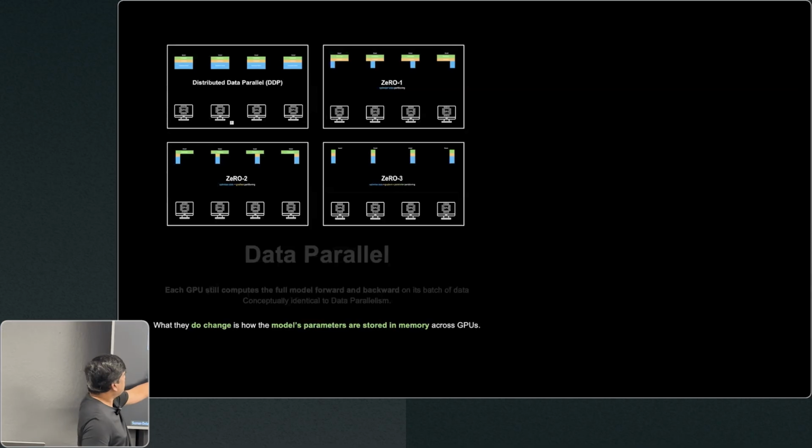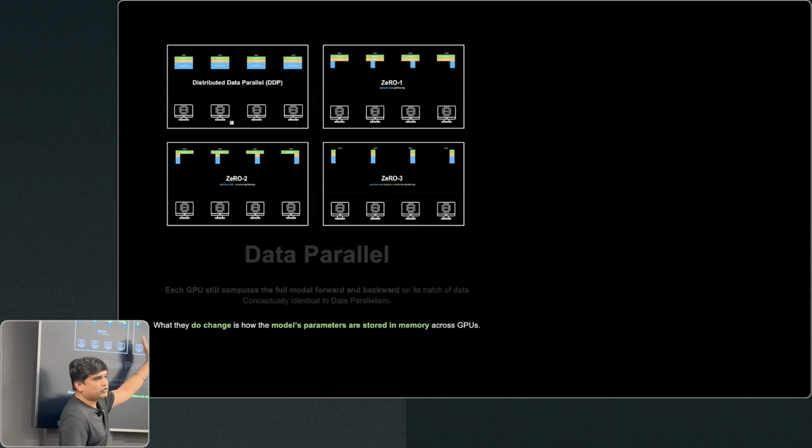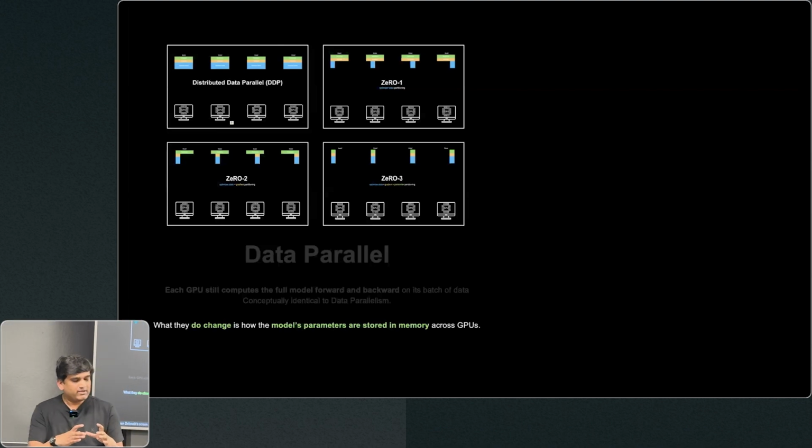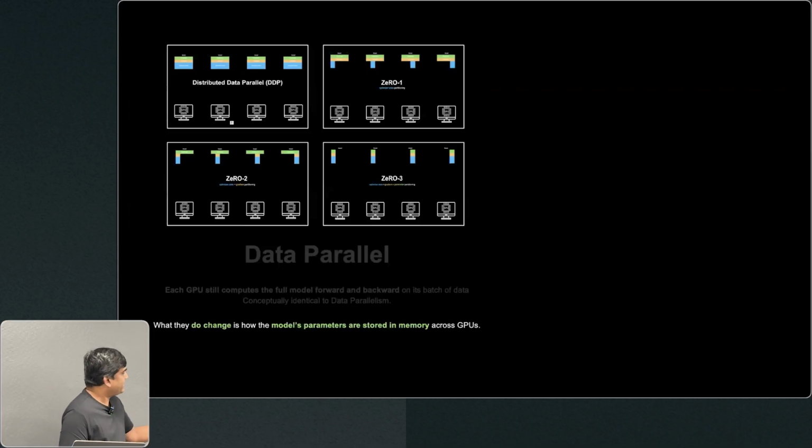That is what happens whenever you do a forward pass. Everybody needs to talk, make sure that they have that layer at that point in time. Once that is done, you discard everything and go ahead with the next thing. So everything is happening in our house, but they are not staying or living in our house, right? That's the intuition you should get: I'm just sharding the parameters in a smart way so that the model can be accommodated in a single GPU, but the training is happening in a distributed fashion.